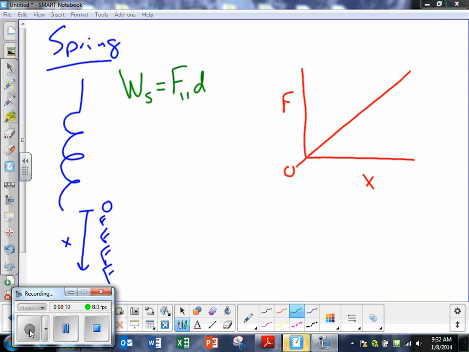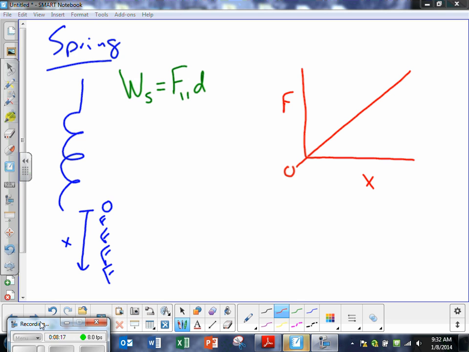Okay, so if we look at the force of a spring, if I do end up stretching this thing to this point, and I look at Hooke's law, the force of the spring at this point is kx. I'm going to drop the negative for now because we're talking work and energies, and the energies don't have that direction. So the force at this point would be kx.